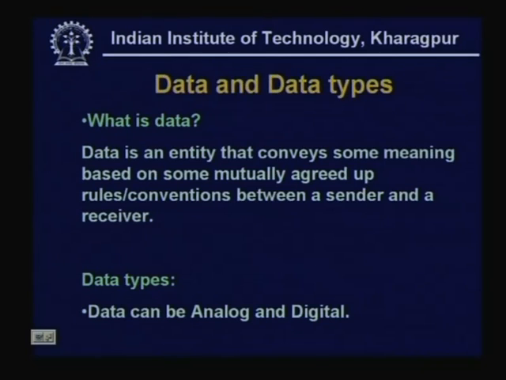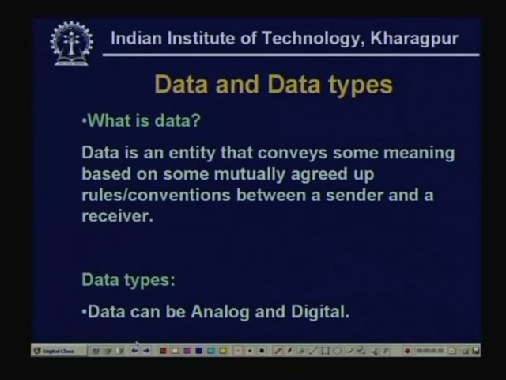That means for sending the data, the sender has to follow some mutually agreed upon rules and convention. At the receiving end, the receiver also has to follow mutually agreed upon rules and convention to interpret that data.